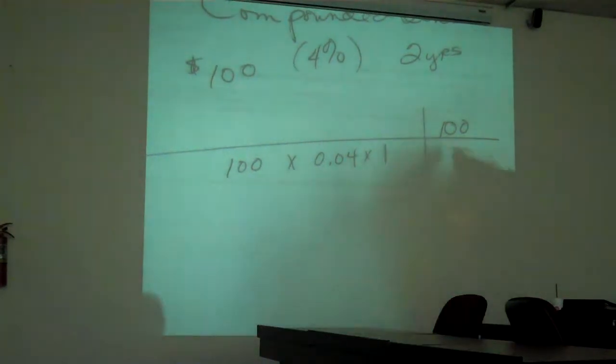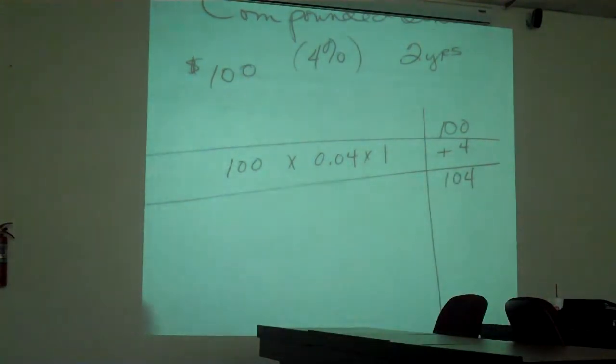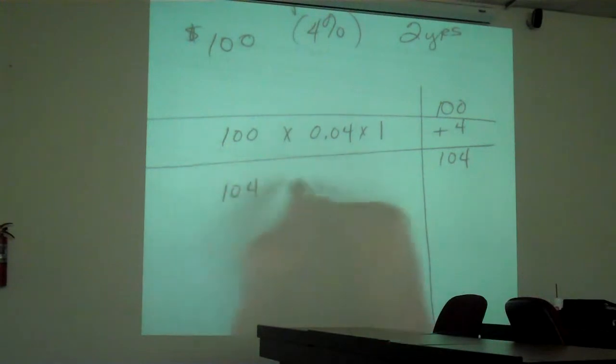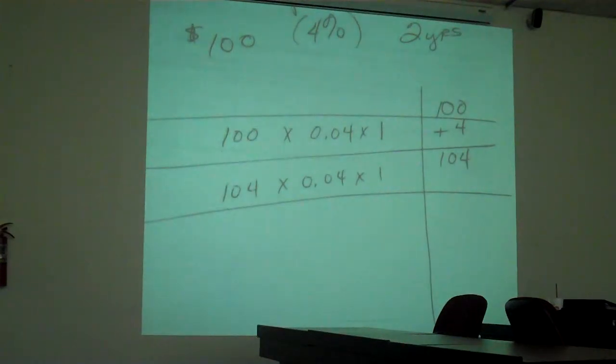So they added $4 to your account at the end of that year. Now you have $104 in there. That second year, you get $104 times the 0.04. Right? So how much? This should be more than $4 this time.